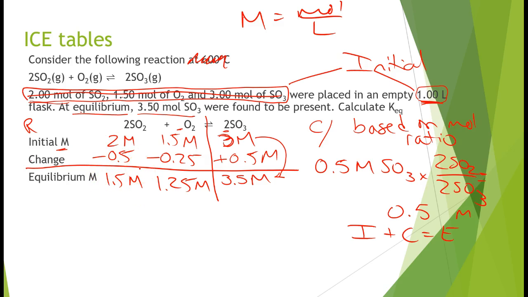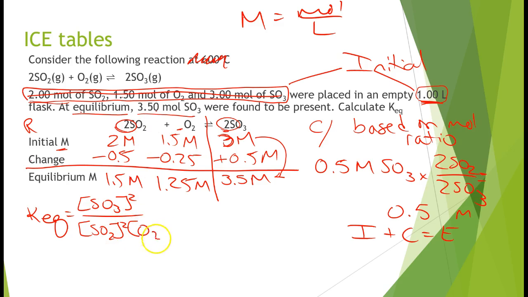Now I have all the information, and I can set up my KEQ expression. I have SO3 squared, remember, coefficient of 2, over SO2 squared, coefficient of 2, and oxygen. And these are multiplied together. I'm going to put in my equilibrium values, not the initial values.